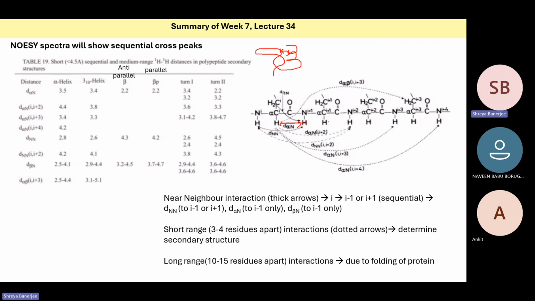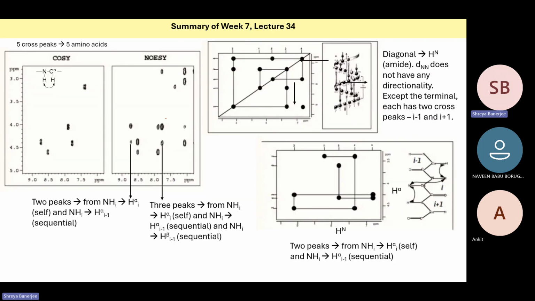Then you can again have alpha of I plus 1, N of I plus 2, and so on. You can also have it between alpha and N of the same residue, so alpha of I plus 1 and N of I plus 1. So alpha N NOESY cross peaks can occur.